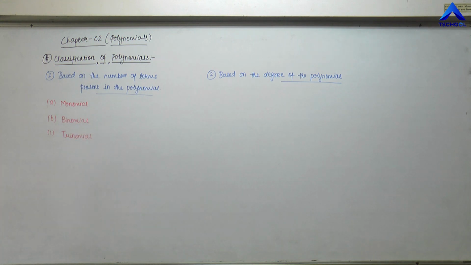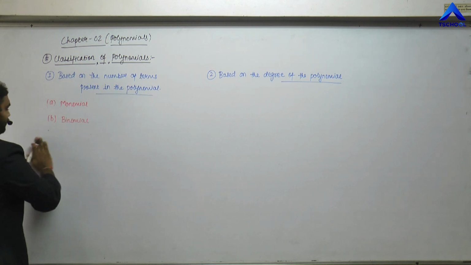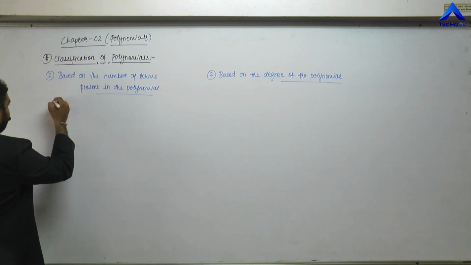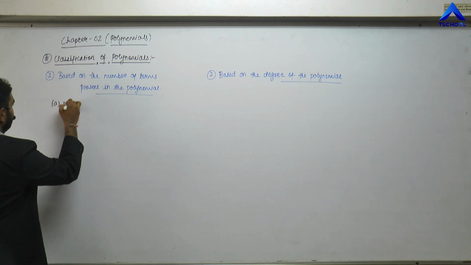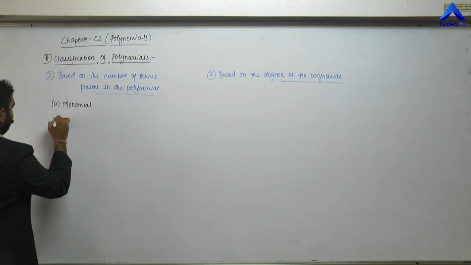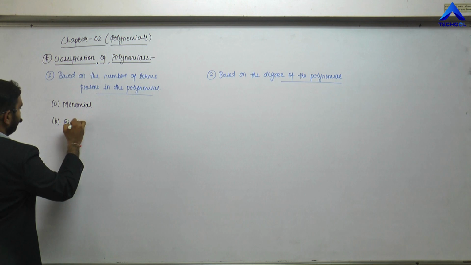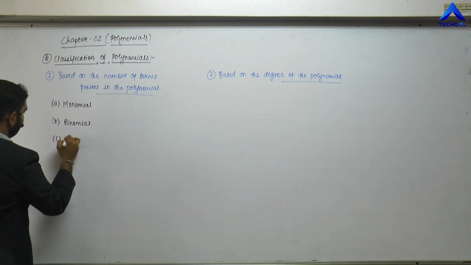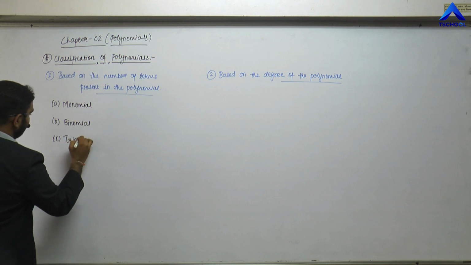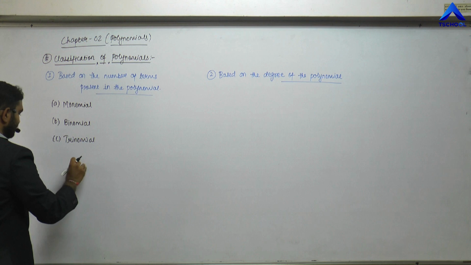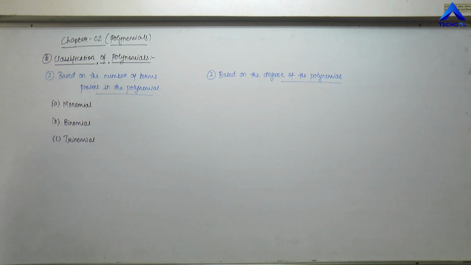If it is not visible, I am going to write it down again here: monomial, the first one, the second one binomial, and the third one trinomial, and later on it is written as polynomial, right?